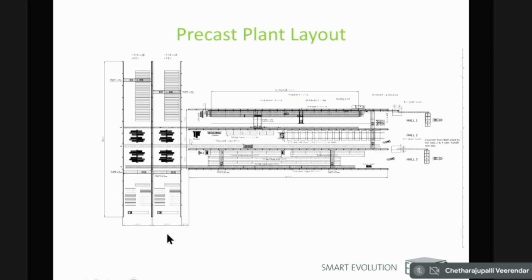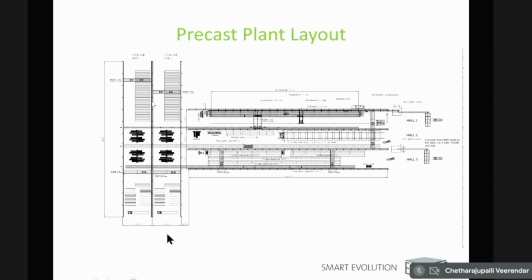The second part is the production hall. This is a long line hall, about 200 meters in length and 100 meters in width. So this is the kind of plant area under the shed. Then at the other end, perpendicular to the production halls, is the stockyard area, where you're going to put all the elements.